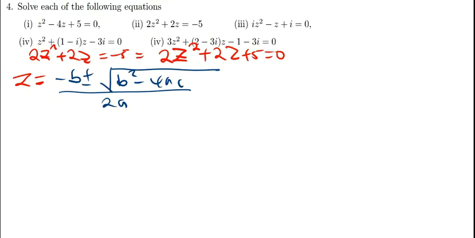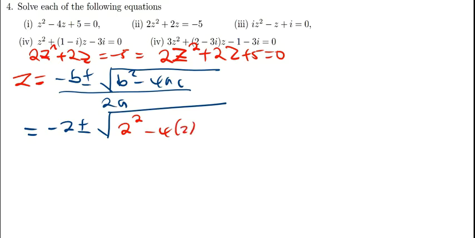So what is our b? In this case, our b from our question here is 2. So it will be -2 plus or minus the square root of b squared, so I'll put 2, I square it, minus 4, a is also 2, then c is 5, like that.